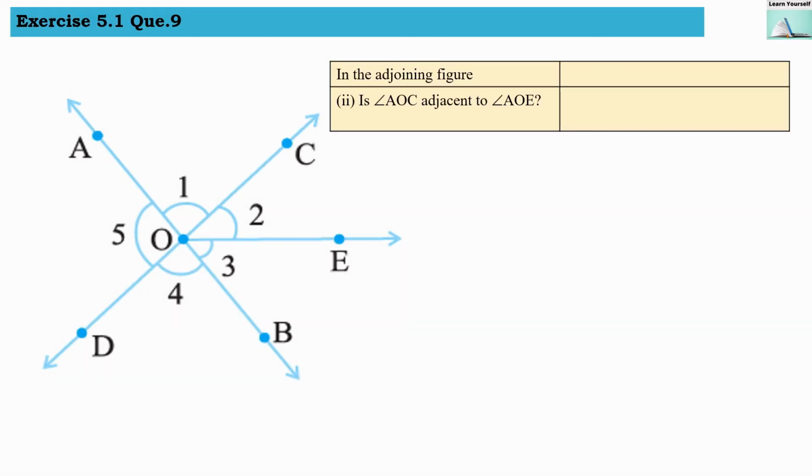So yes, they are adjacent to each other. The second question is, is angle AOC adjacent to AOE or not? So let us check this figure. We are talking about this full angle, and we are talking about this angle, AOC. Now we have to check whether these two angles are adjacent or not.